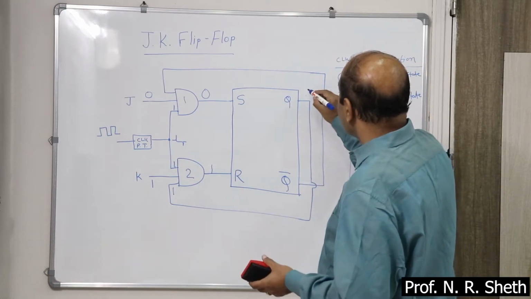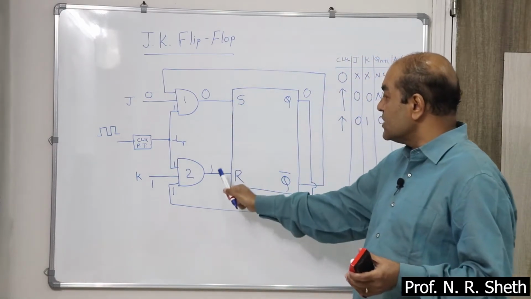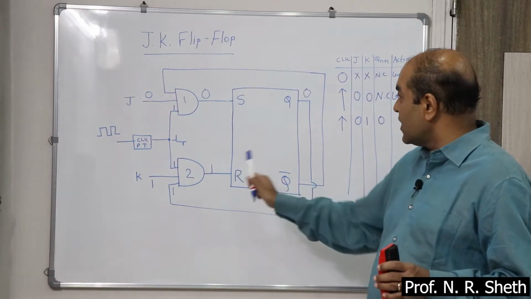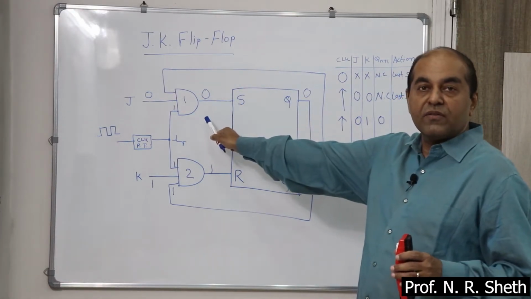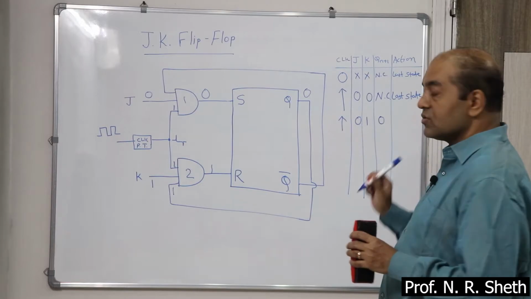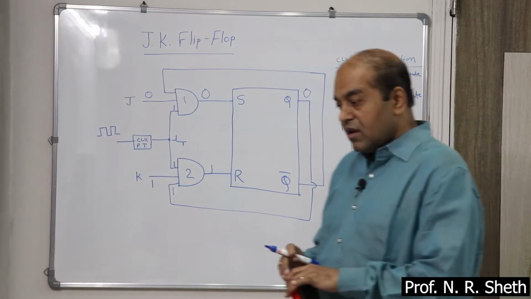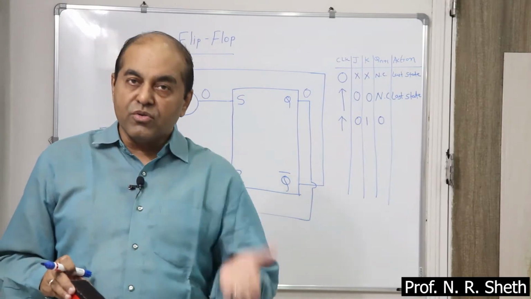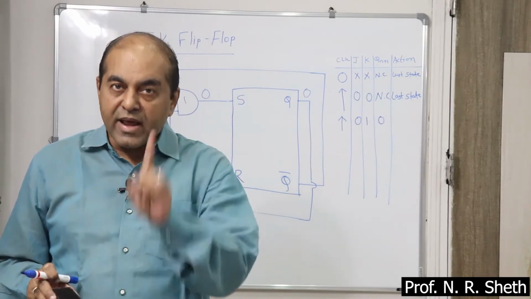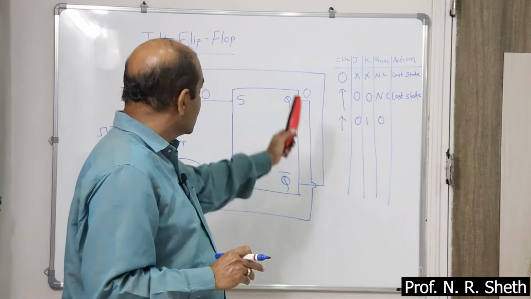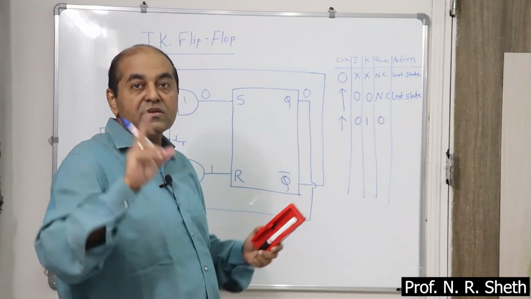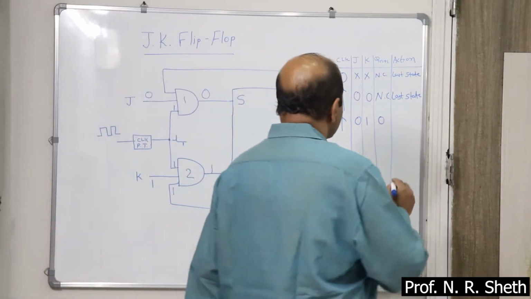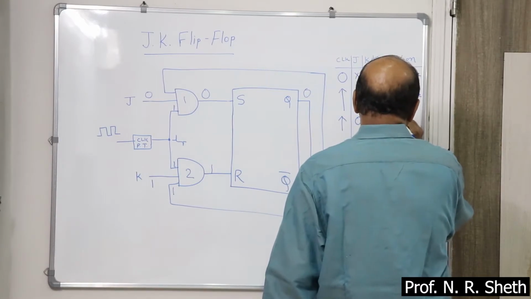That is the property of RS flip-flop, that when S is 0, R is 1, Q follows the action of S. So, this is 0. So, in either case, in the previous stage Q is 0 or Q is 1, in the next stage Q must be 0. We can say that the flip-flop is reset.